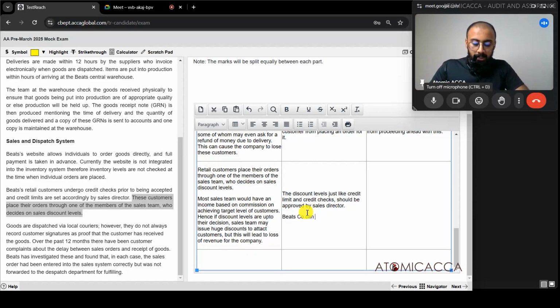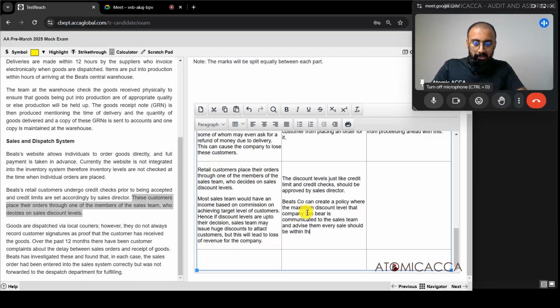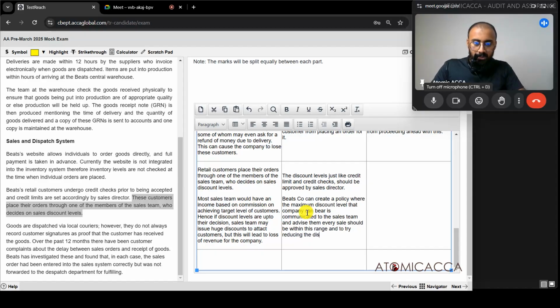Beats company can create a policy where the maximum discount level that company can bear is communicated to the sales team and advise them every sale should be within this range, and to try reducing the discount as much as possible.